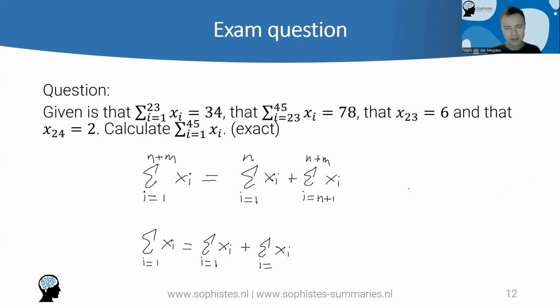So let me give you the first hint. What do you think the n plus m is in this question? N plus m. It needs to be a high number and high upper boundary. 45.